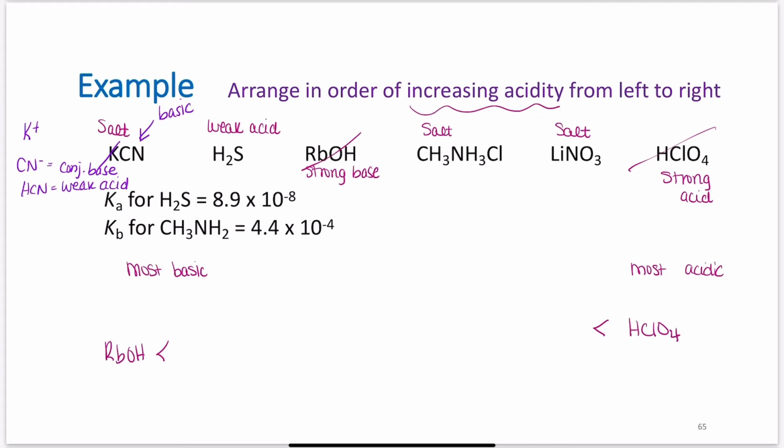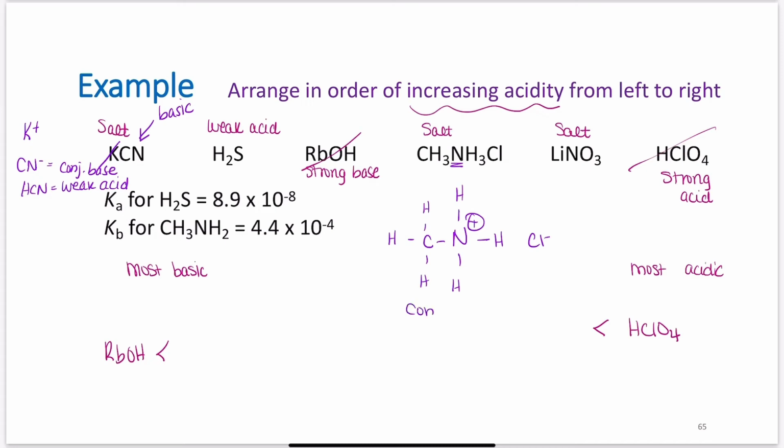CH3NH3Cl. I recognize the nitrogen in here. And if I'm not completely confident, I can always draw out the structure. If I drew out the structure here, I see that I've got CH3NH3 plus and Cl minus.